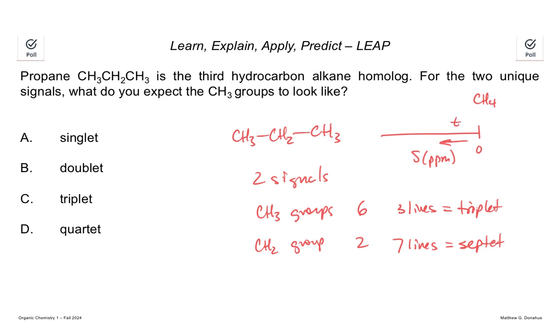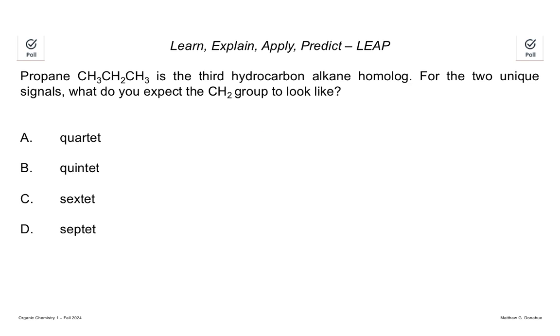I'm just going to abbreviate it T. And then the CH2 group, you've done 2 carbon substitutions, so it should be at a greater chemical shift than the CH3 groups. So that gives you an approximation of where you should see these things. The CH2 group we just went through.